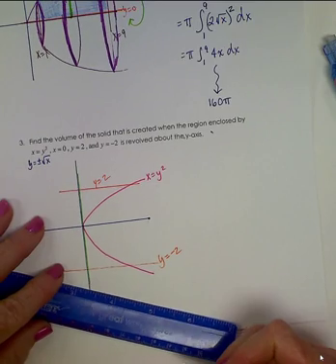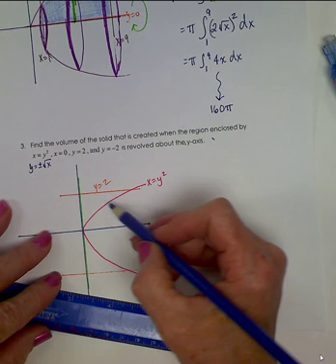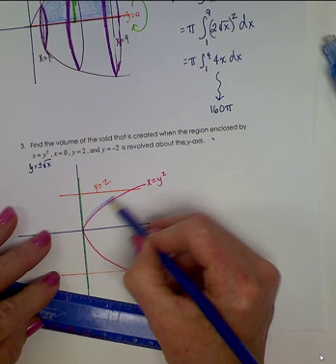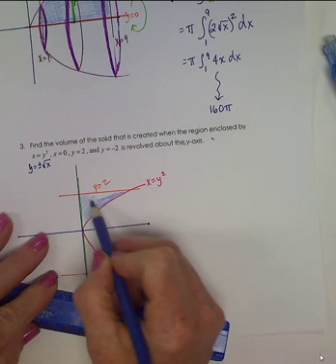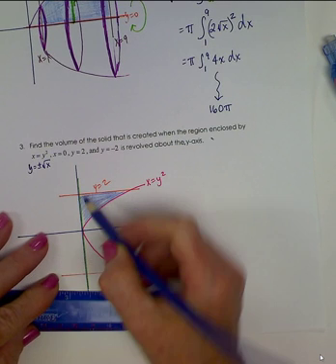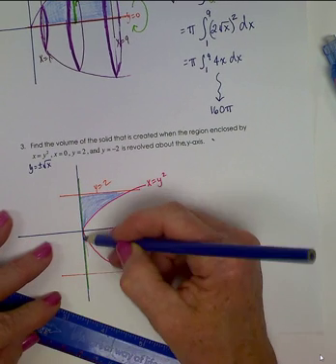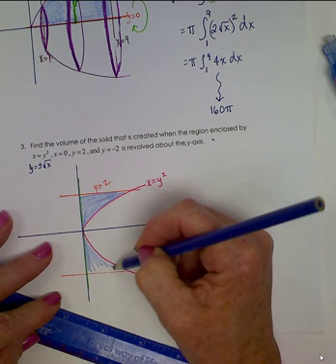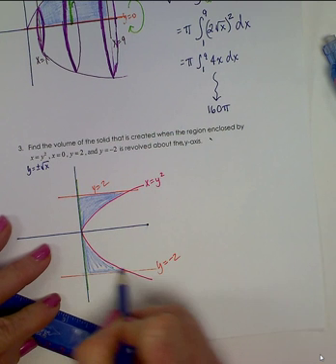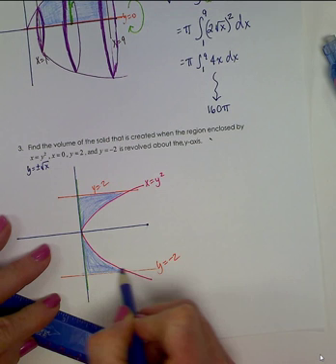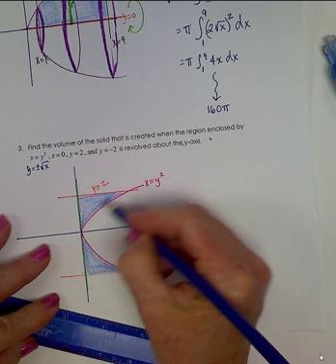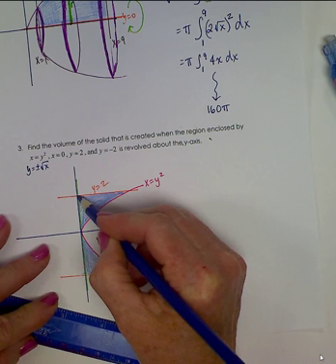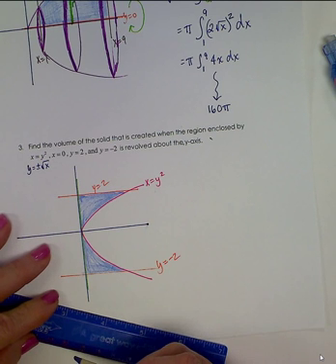The region enclosed by those is this piece up here, and this piece down here.